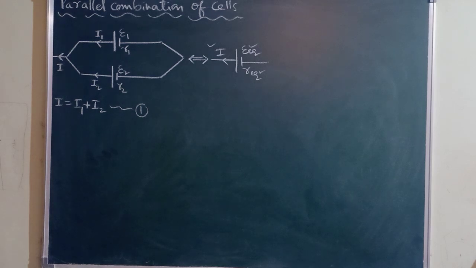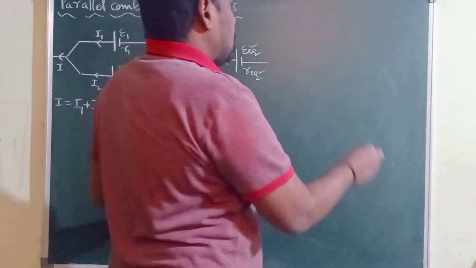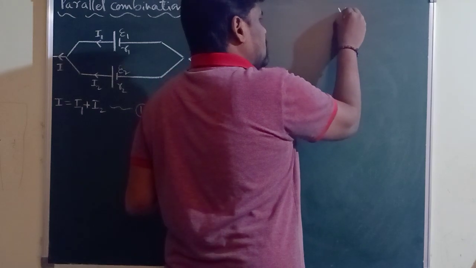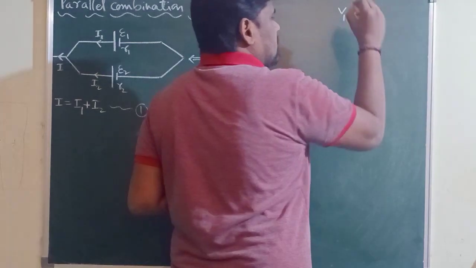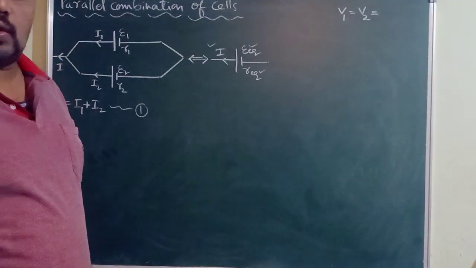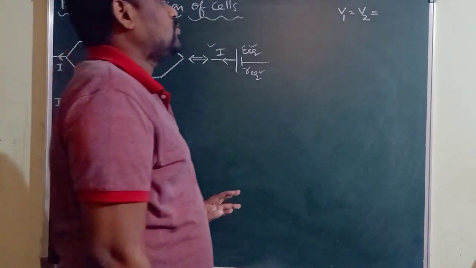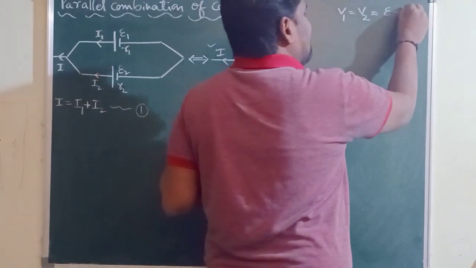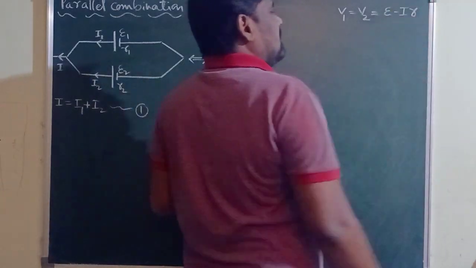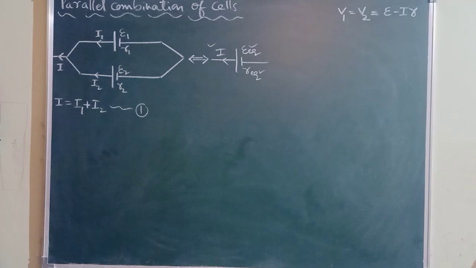As I said, the terminal potential difference across each cell will be the same here. Will you recall the expression for the terminal potential difference? The terminal potential difference across the first cell equals the terminal potential difference across the second cell, which is E minus IR.